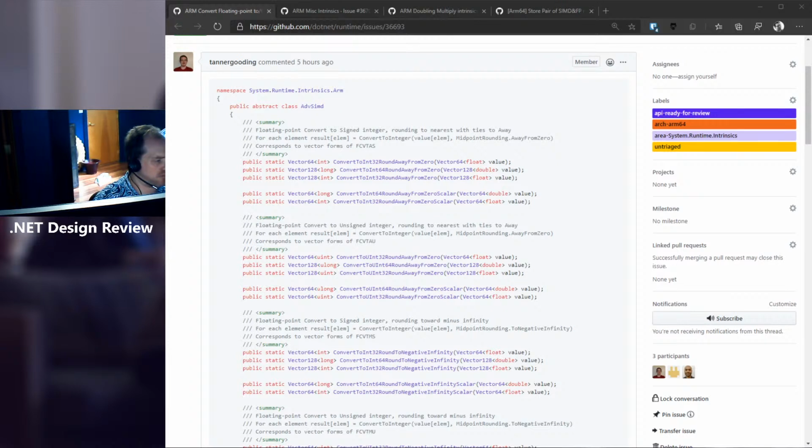I think they all make sense to me. I mean, the question is, does Convert by itself match, right? Because usually in the framework we just call things To, and the fact that it's To implies it's a conversion. Well, we have Convert.To, but in this case it's part of this SIMD class. So for Convert that's true, but really the only thing that this type does is the actual conversion, right?